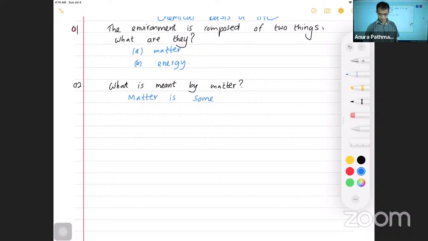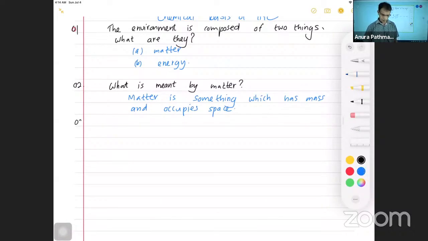Matter is something which has mass and occupies space.